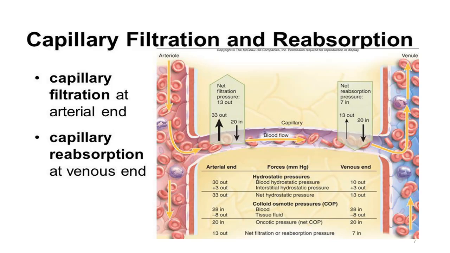It means that 13 millimeter mercury pushes 16 milliliter of blood into the interstitial fluid. But in the venous end, for a difference of 7 millimeter mercury, 40 milliliter goes back into the capillary. There is a difference. In the arterial end, blood goes to the interstitial fluid, and in the venous end, the fluids go back to the capillary.